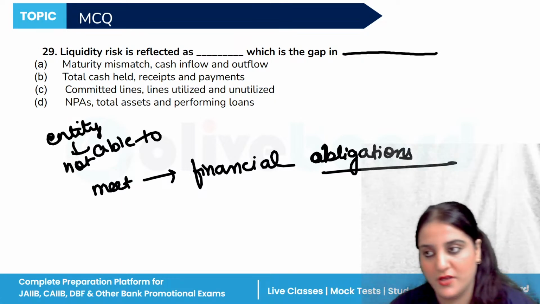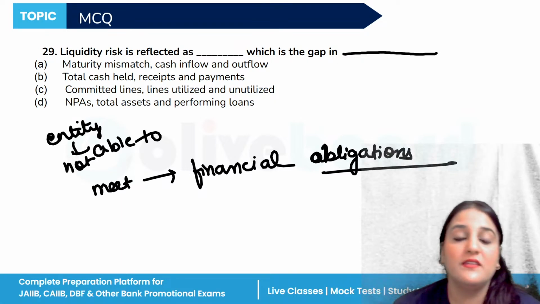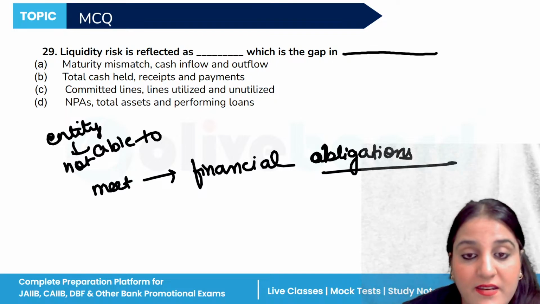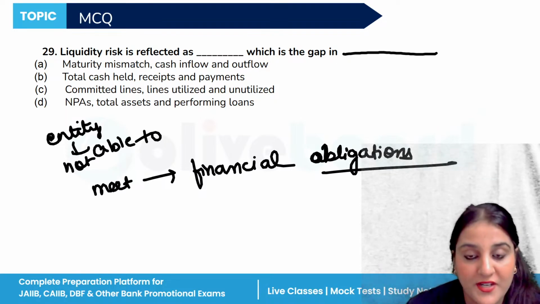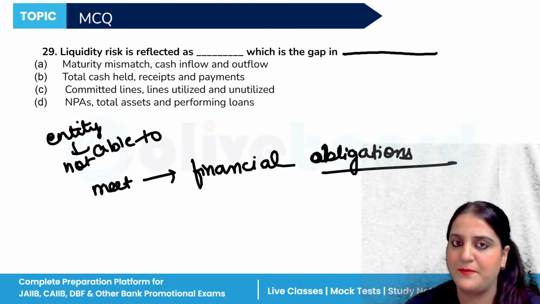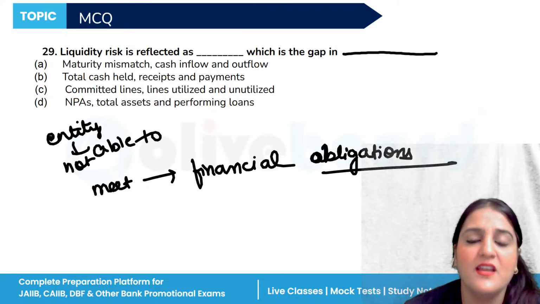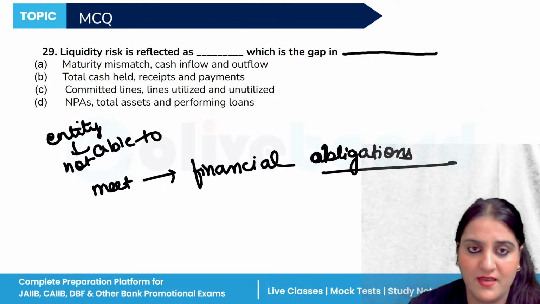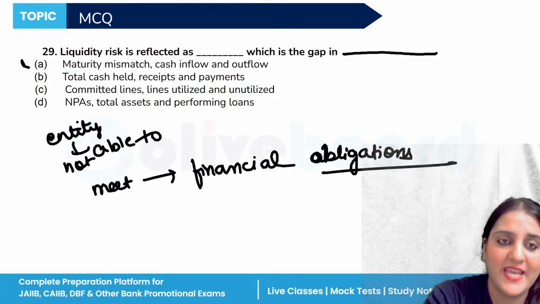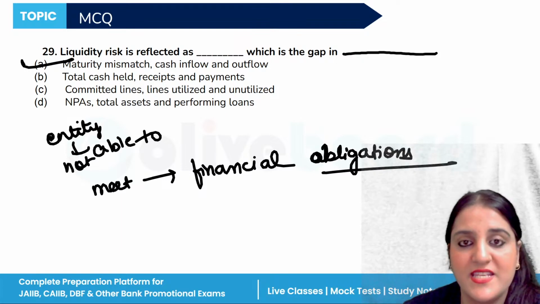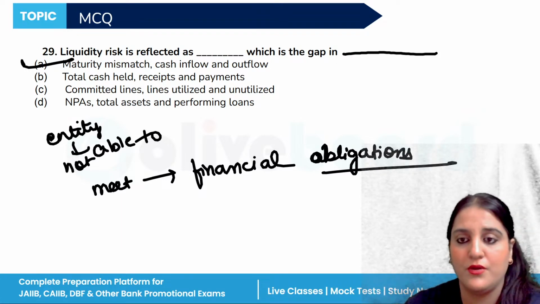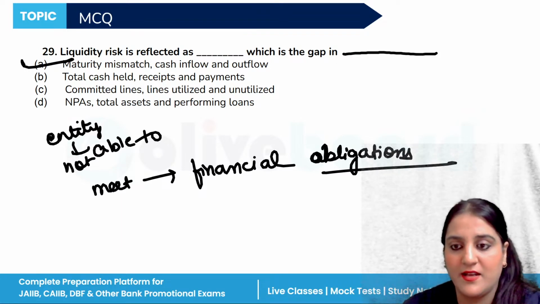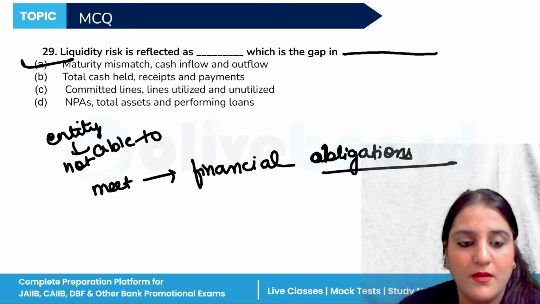And maturity mismatches occur when there is a difference between the maturity profiles of assets and liabilities. So we can say that the correct answer is option A, maturity mismatch and cash inflow and outflow. So it is reflected. Correct answer. Very good, Sureen sir.